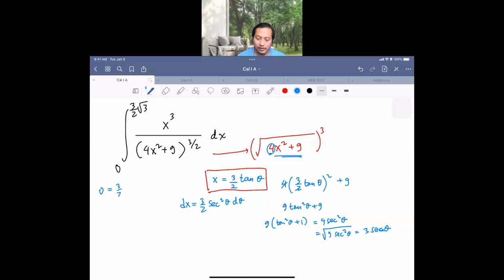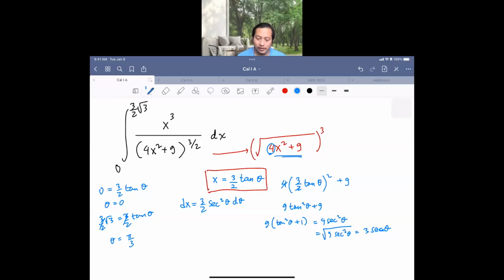So 0 is 3/2 tangent theta, so theta is 0, and 3/2 tangent theta equals 3/2 squared, so tangent theta is square root of 3, so theta will be pi/3, right?